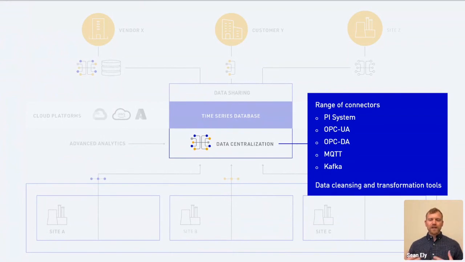To centralize data, there are numerous ways to get data into TDengine, such as our REST API and SQL insert statements. However, the easiest way is to use one of our connectors, which connect to the PI system, OPC UA, OPC DA, MQTT, and Kafka. And they have built-in data cleansing and transformation tools.